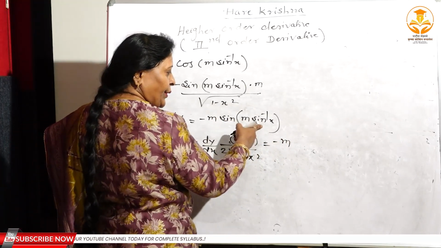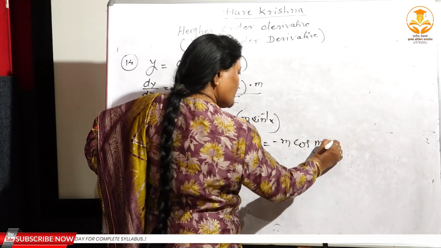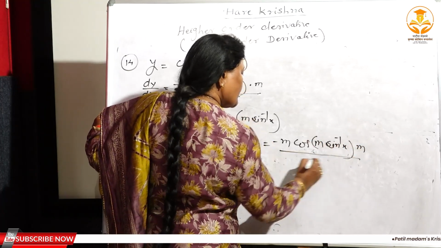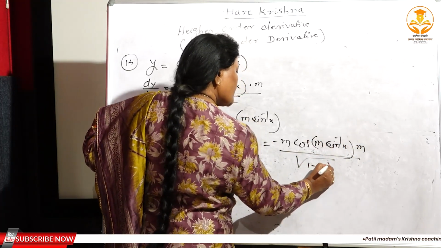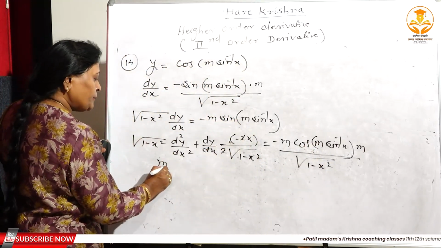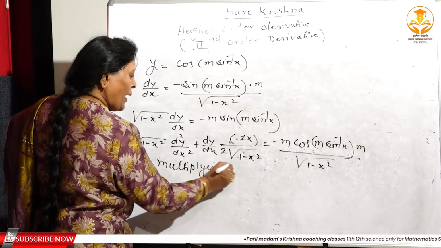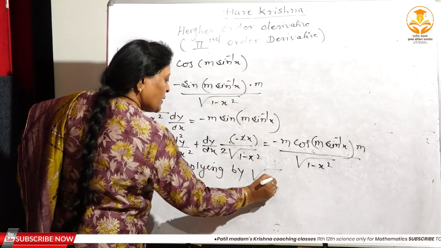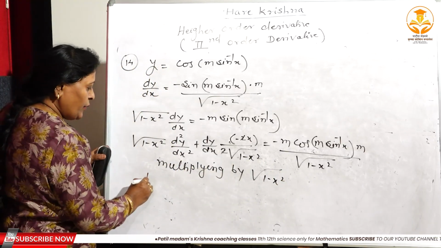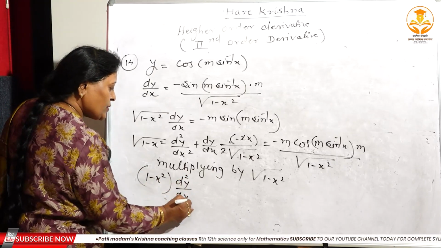This you have to substitute as u. The derivative of sin u is cos of m sin inverse of x. m remains as it is, the derivative of sin inverse x is 1 upon root of 1 minus x square. The 2 gets cancelled. Multiply by root of 1 minus x square: root of 1 minus x square times root of 1 minus x square gives 1 minus x square d2y divided by dx square.